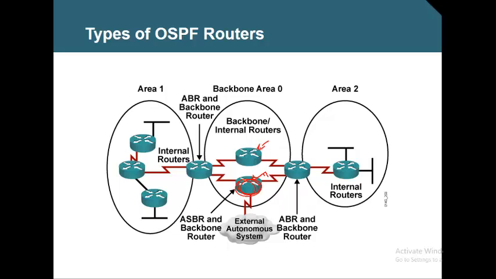This is also a backbone router, but there is no redistribution from external autonomous system. So this has got something additional job to do. So the advertisement going from here and the advertisement coming from here will not be the same. Likewise, the advertisement coming from here and the advertisement coming from here will not be the same because this is a border router. It has got some special job to do because it's on the border.